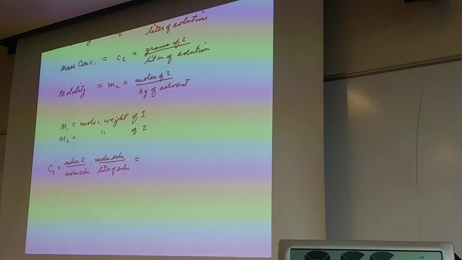So this is approximately, as the first factor here is just the mole fraction, and the moles of solution is essentially equal for ordinary solutions, or solutions of small molecules, well approximated as just the moles of the solvent, by liters of the solvent here.